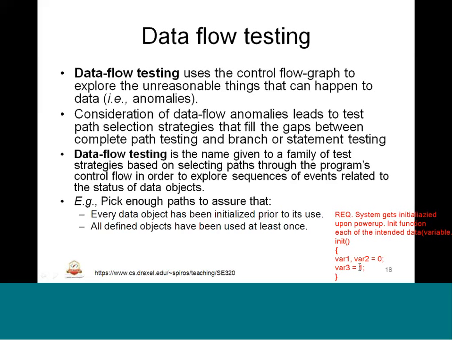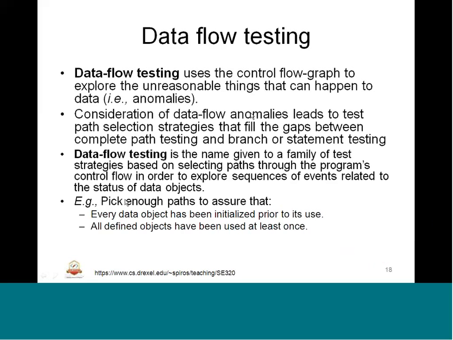If it is initialized with 0, the increment will go wrong. Similarly, if the variables 1 and 2 are initialized to some other value than 0, the program can collapse. So that is why it's very important to have data flow testing along with other types of testing techniques.